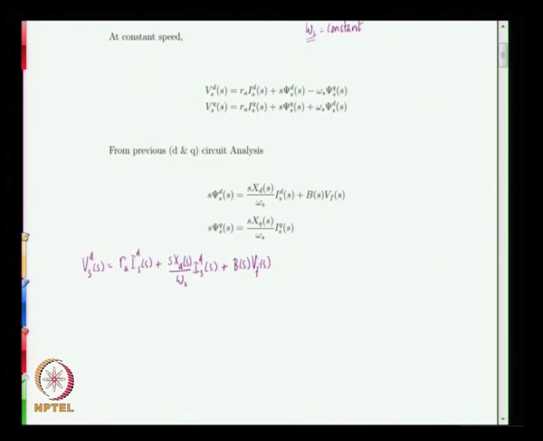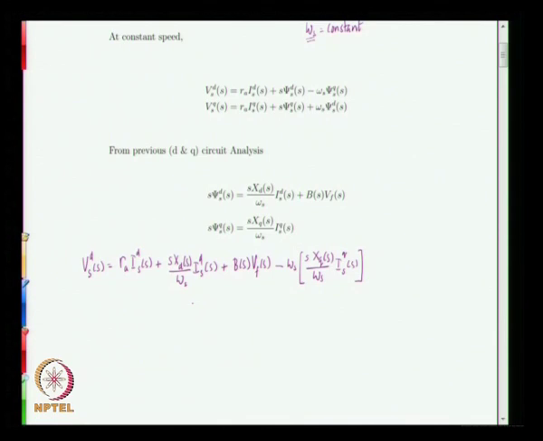So this is the expression for s times psi d, and then you have minus omega s into psi q of s, which is nothing but s times xq of s by omega s into Iq of s as a function of s. So we have now eliminated the flux linkage variables in terms of the Laplace transform of the currents, that is Id of s, and the field voltage.